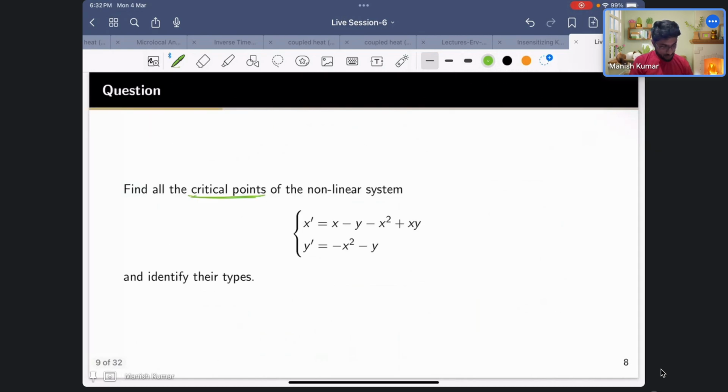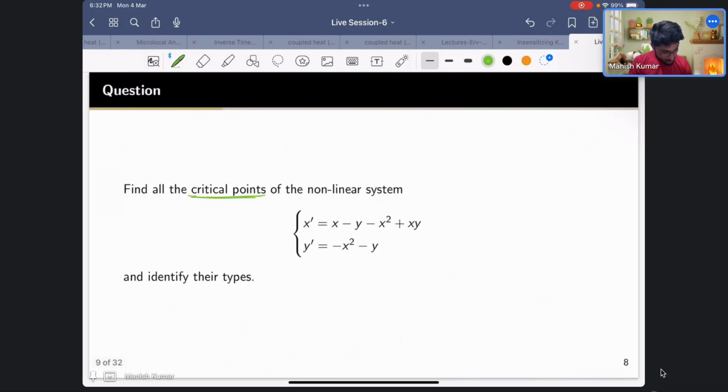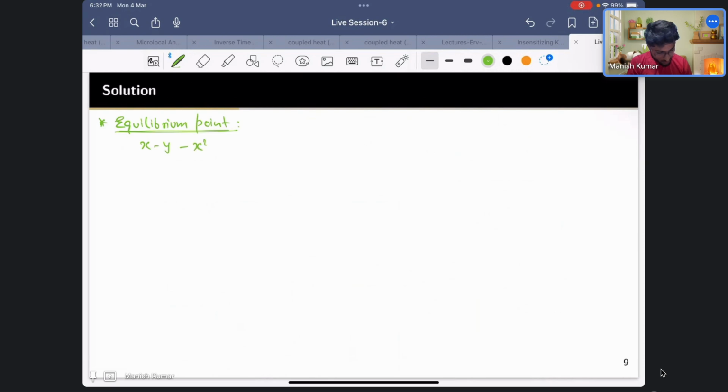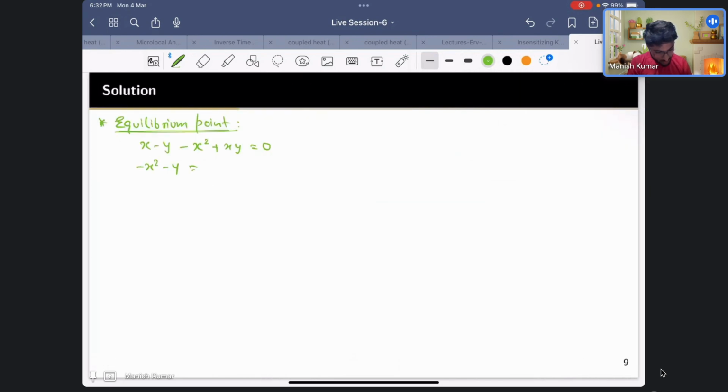So this should be 0: x minus y minus x square plus xy equal to 0. The second is minus x square minus y equal to 0, right? So this implies x minus y minus x, if you take common you get x minus y. And from the second you get y equal to minus x square.